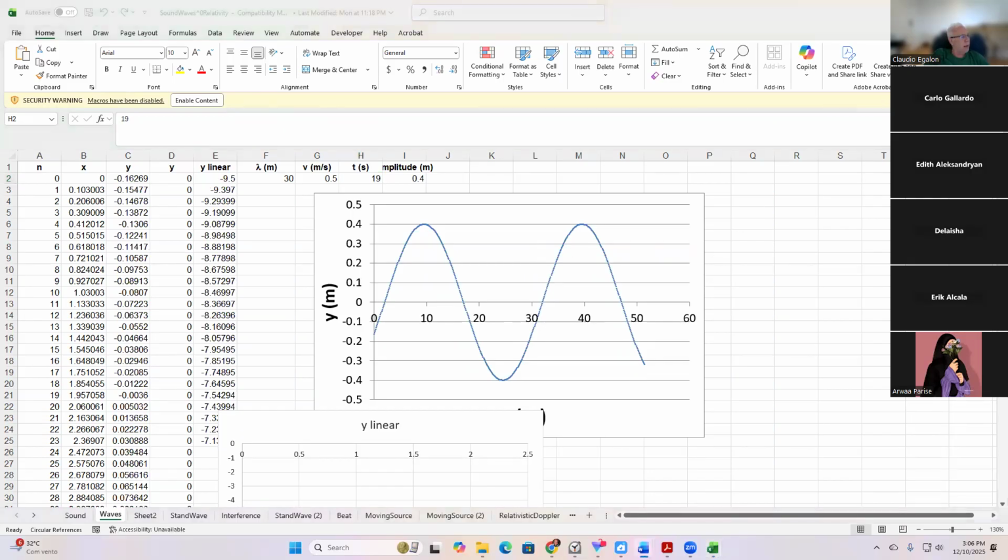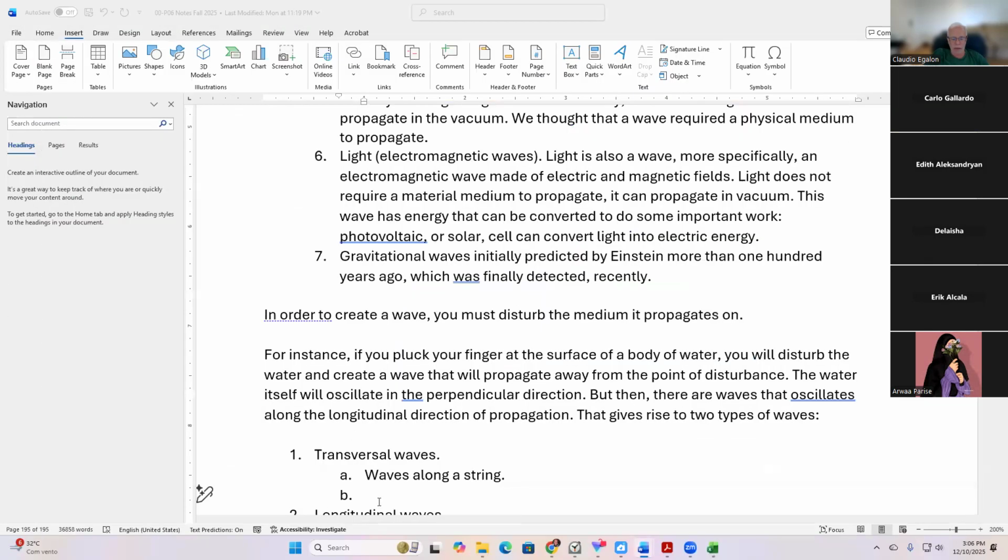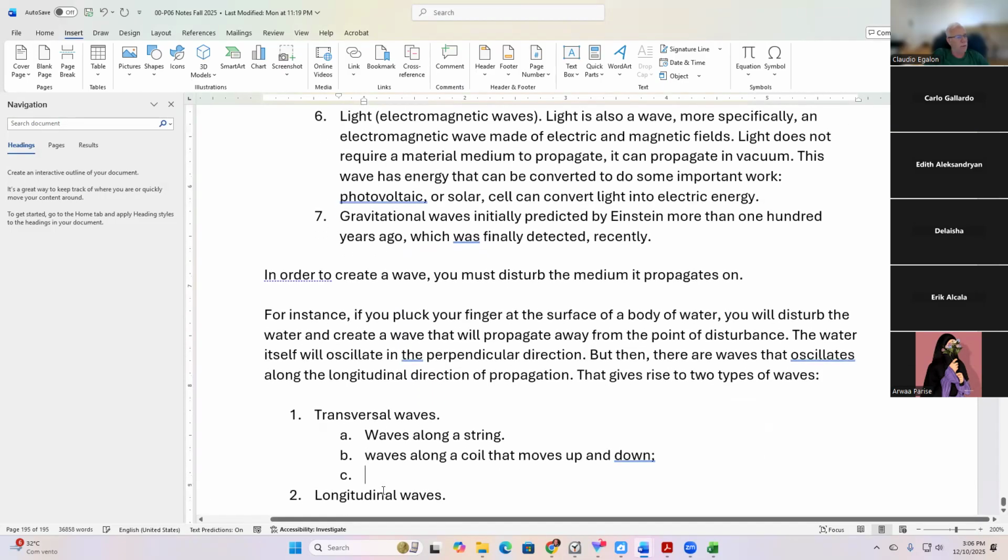Another example: you get a coil, and the coil acts just like a string. You move one end of the coil up and down, you produce a transversal wave. The coil also can be used to generate longitudinal waves too.